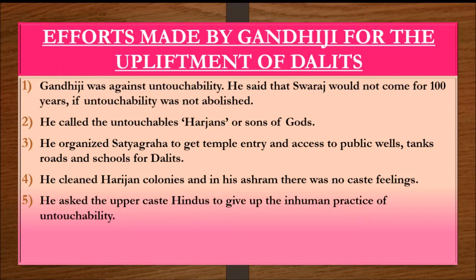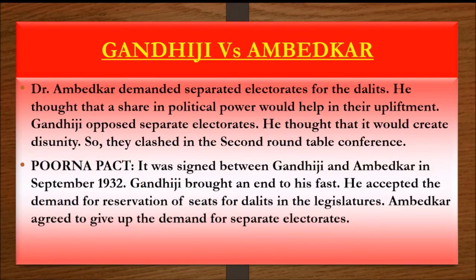Okay. Now here Dr. Ambedkar makes an entry. So here the clashes between Gandhiji and Ambedkar started. There were some moments when the Dalits made demands which clashed with the ideology of Swaraj.